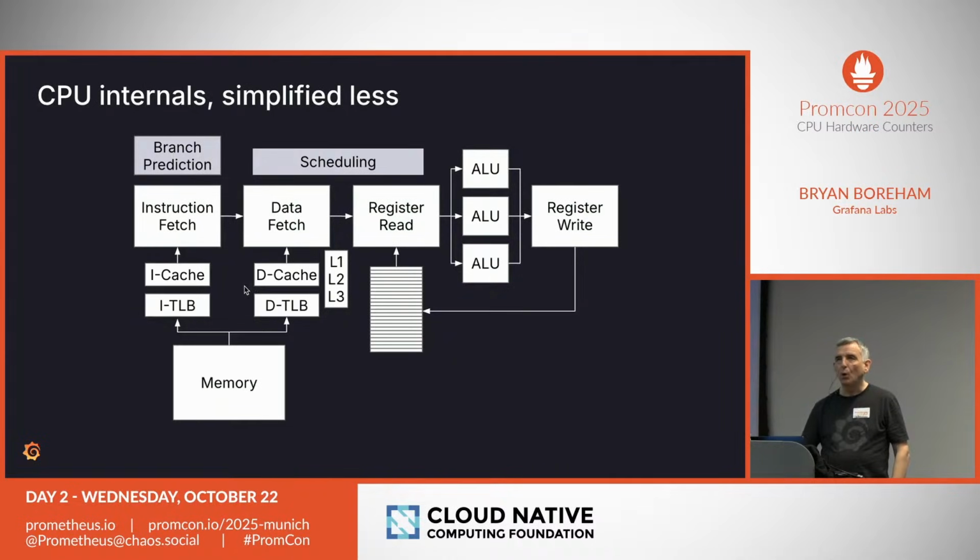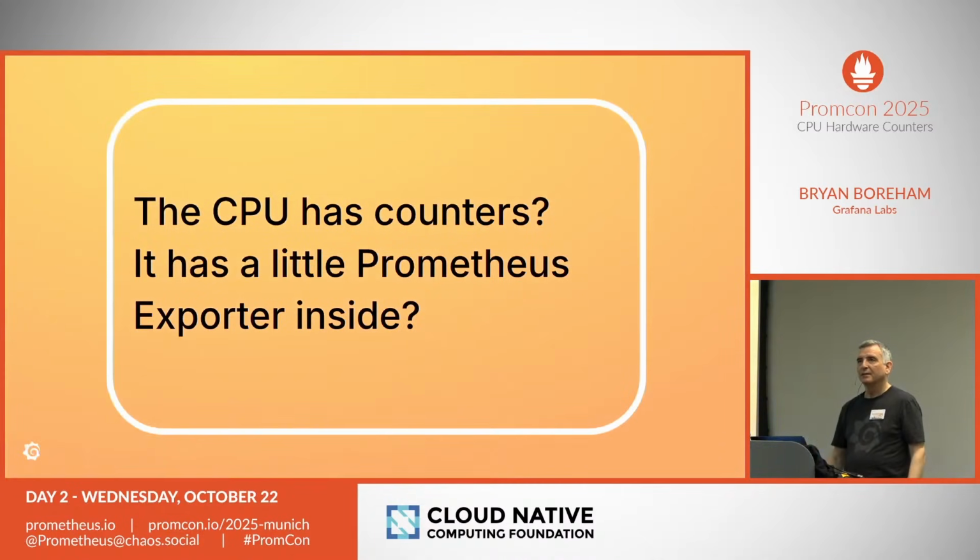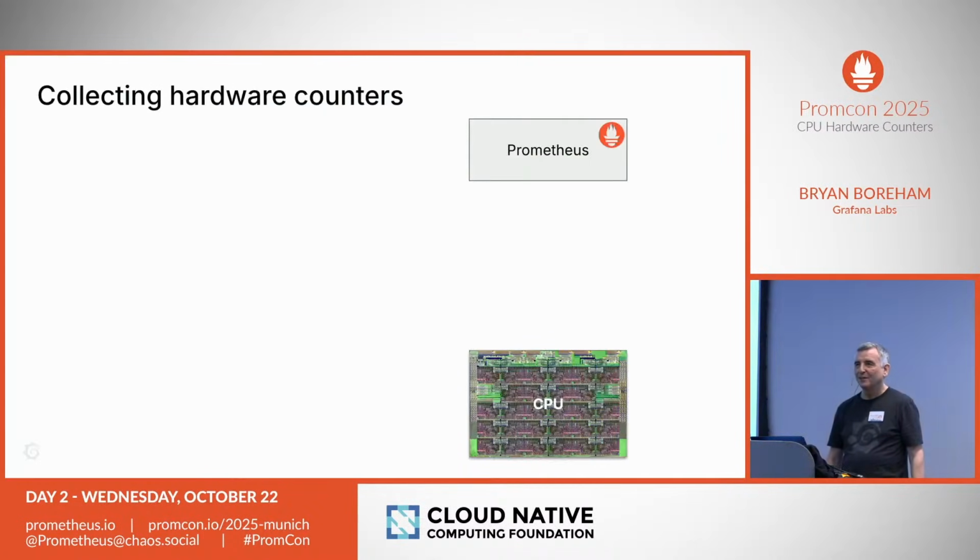And there are more caches here that we'll talk about later. We've got counts of branches predicted and mispredicted. We've got counts of how many instructions finish this part of the pipeline. So that is the basic idea that I'm talking about. The CPU has counters, a little Prometheus inside it. Does it? Maybe. Well, no.